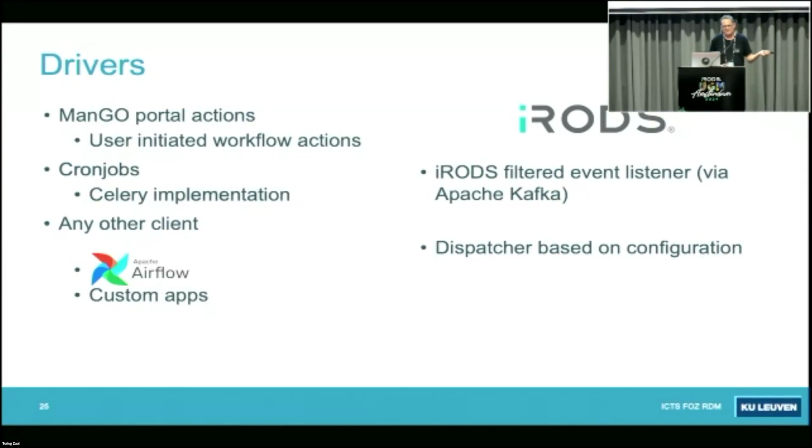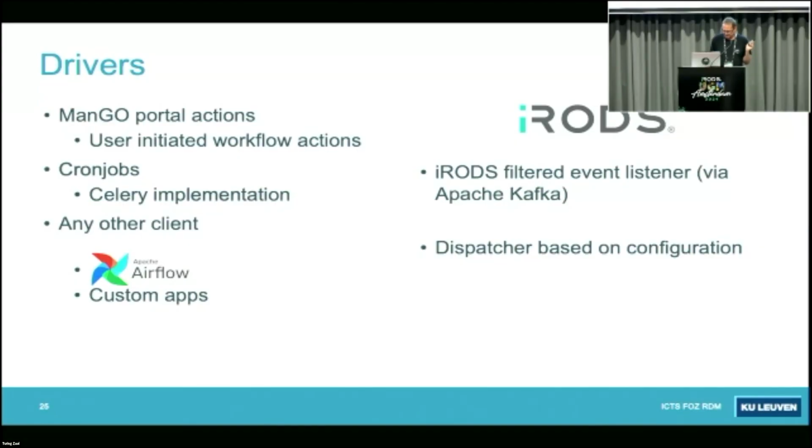So that means that we can also integrate with existing workflow systems, or any custom app basically, as long as you can use some Python wrapper to launch communication with this workflow system and send out some requests and messages.